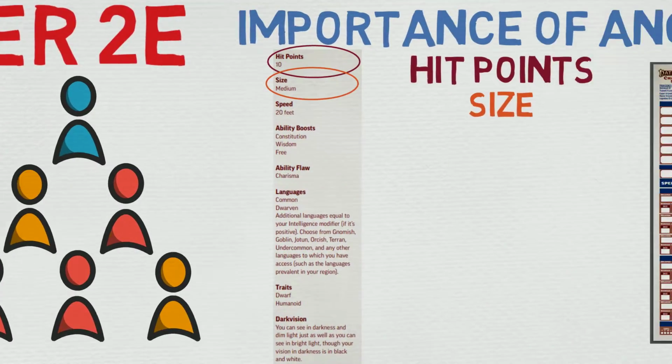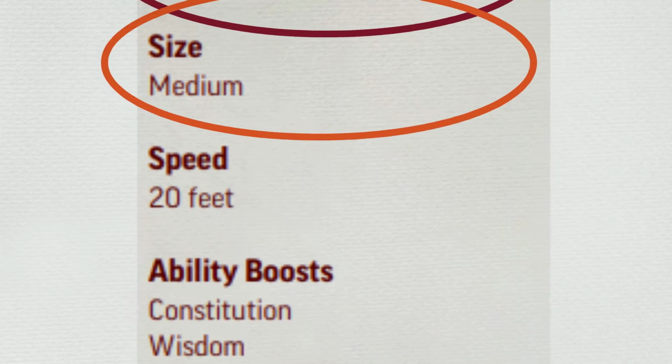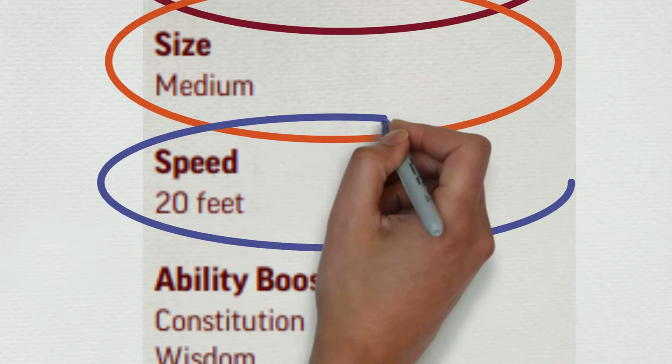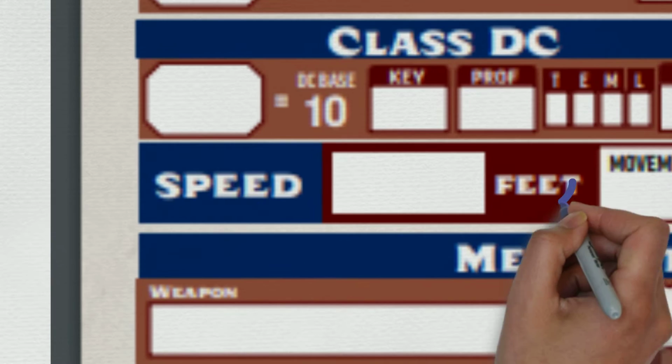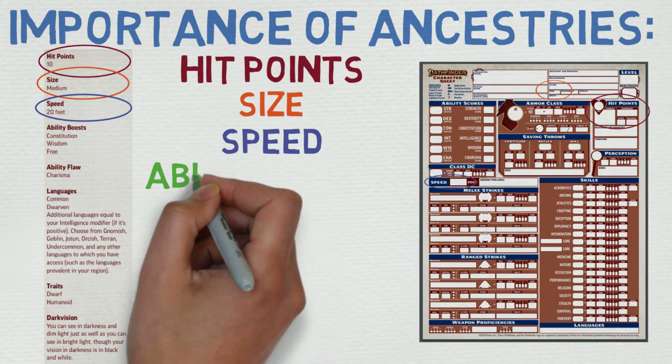Looking through several forums, I realized that the most common complaint people had regarding ancestries was their position in relation to the character sheet itself, so I'll have that animation going on in the background.